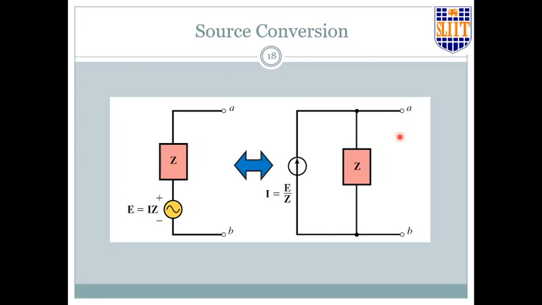Instead of V is equal to IR or E is equal to IR, we have E is equal to IZ. Now all these parameters are now in the phasor domain or the complex number domain, because they have an amplitude or magnitude and a phase angle, right? Nothing other than that.